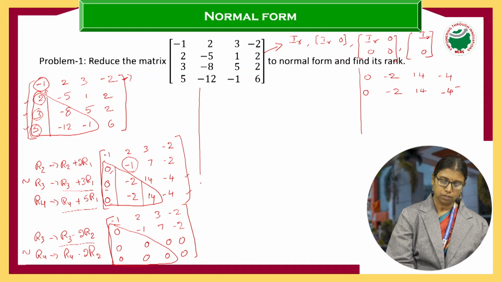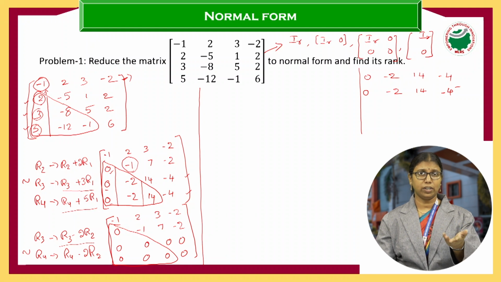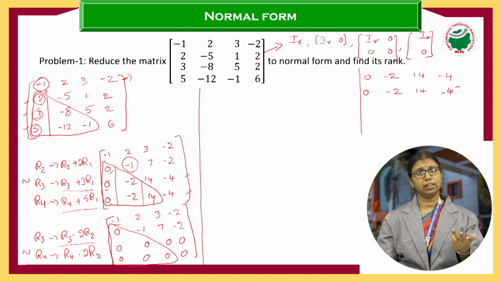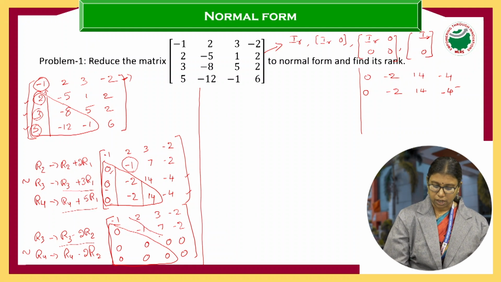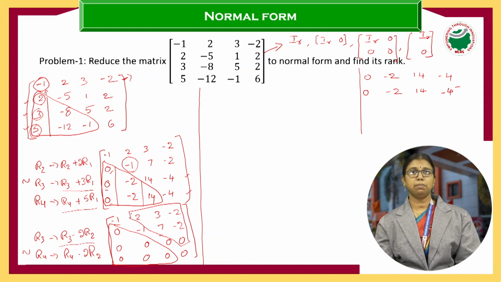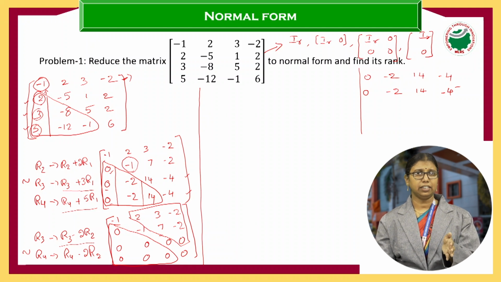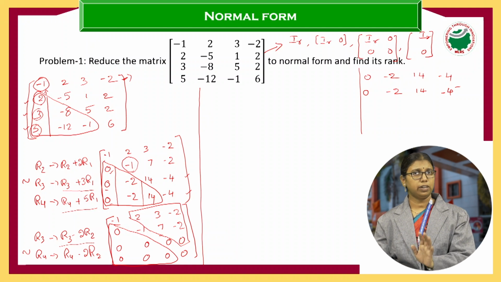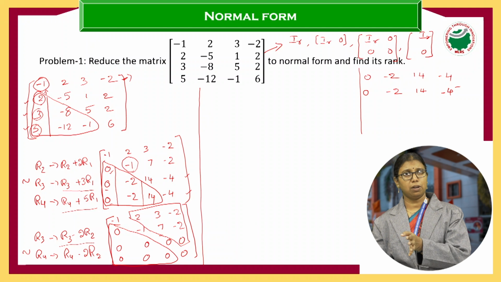Now, in step 2, you have to focus on lower triangular. Lower triangular means you have to convert all the above diagonal values to 0. Here the above diagonal values are 2, 3, minus 2, 7, minus 2, 0. How we have done the calculation for upper triangular, you go with the same procedure for lower triangular also. But instead of row operations, you have to go with column operations.